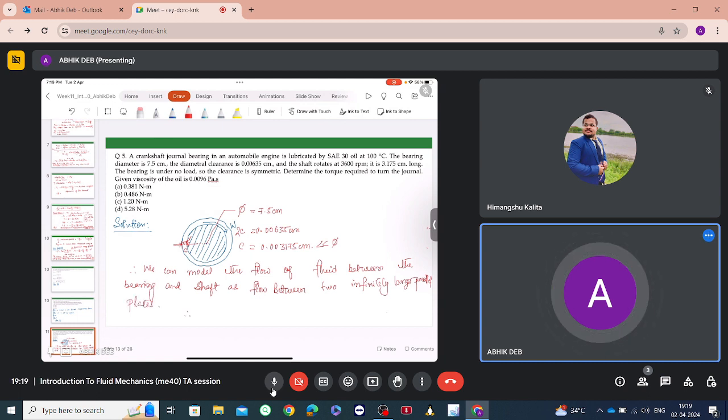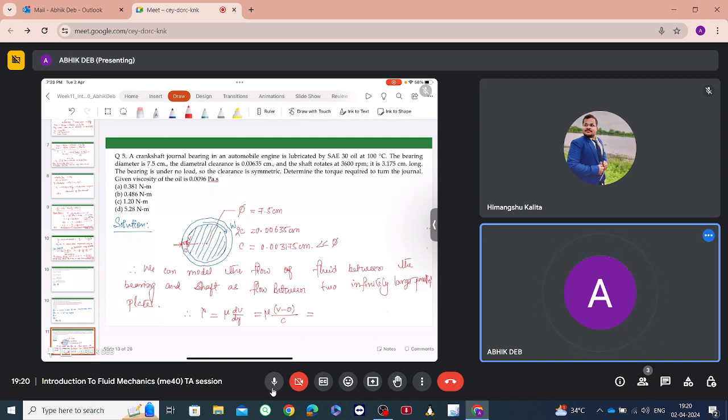Therefore, from Newton's law of viscosity, the shear stress tau can be given as mu into du by dy, or mu into delta u, which is v minus 0, and the distance between the two plates is c.